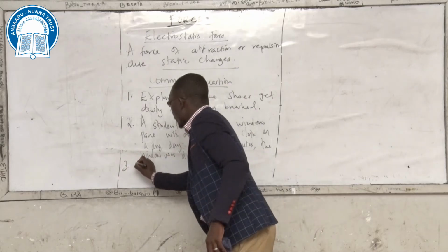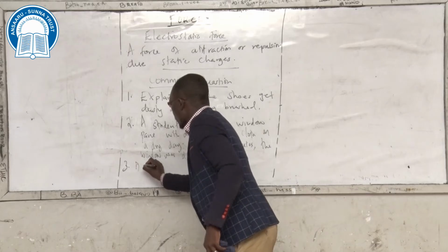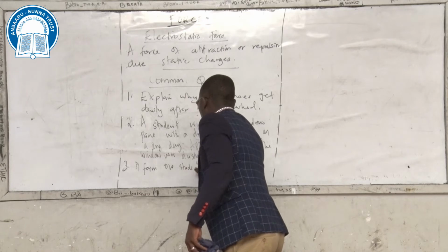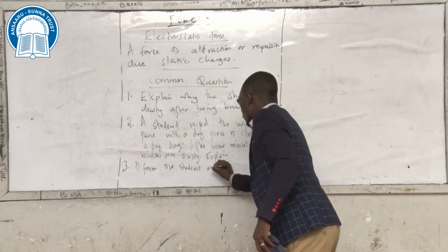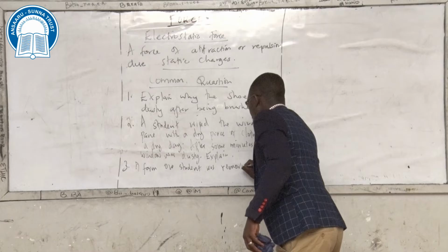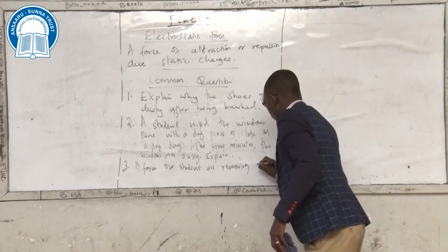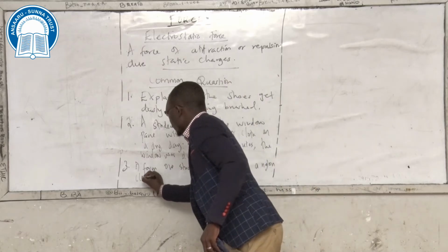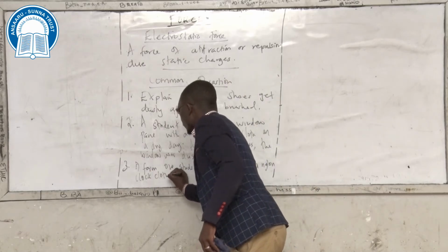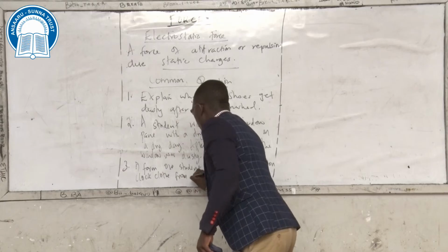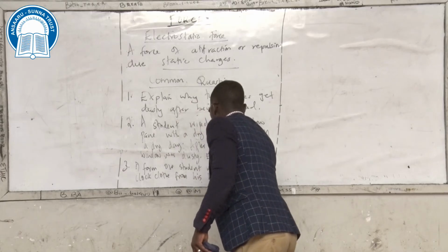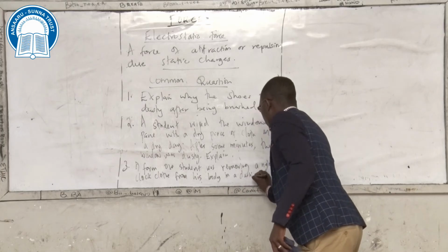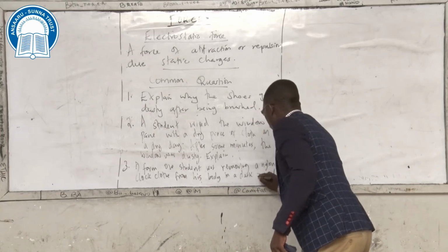Number 3: a Form 1 student was removing a nylon cloth from his body in a dark room.